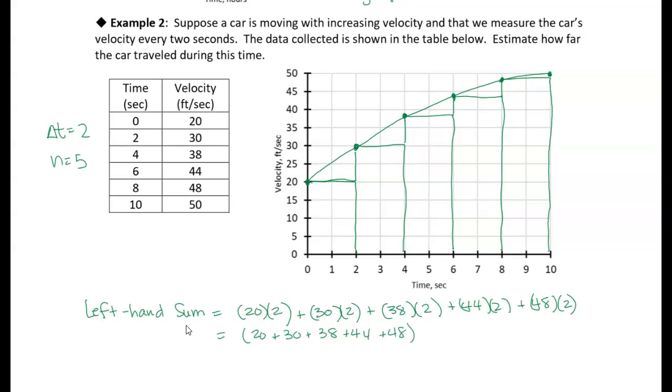I'm just basically adding the first 5 values for velocity and then taking it times 2. I just find that's easier. I wrote it all out so you can see clearly what I'm doing, but I prefer just to add up all of the velocity values and take it times the width of the interval. So that's the way I would put it into my calculator. So I get 360 feet.